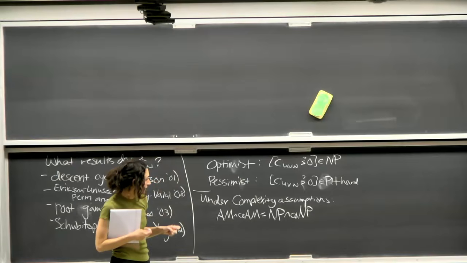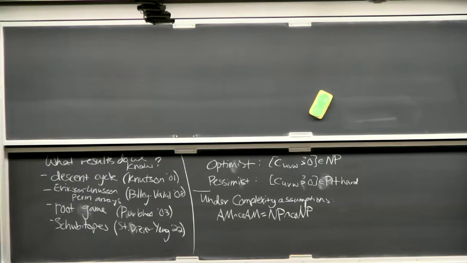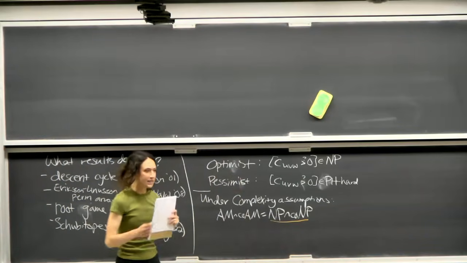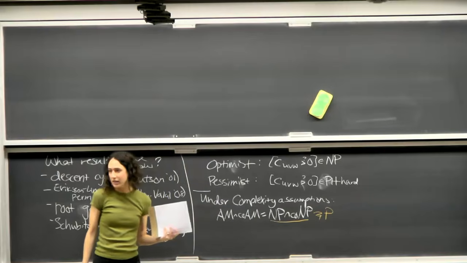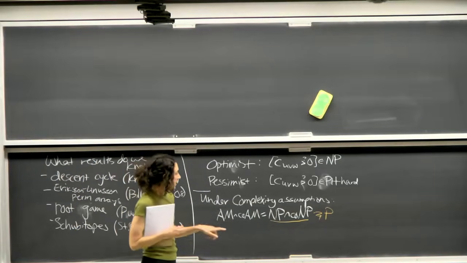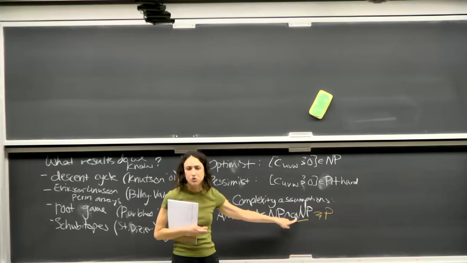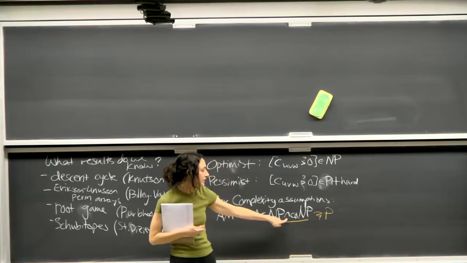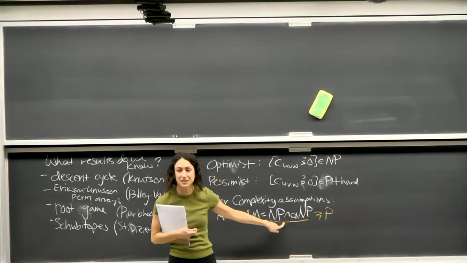And why do I think that this is so great to know? Because this intersection here, it's hard to find problems in here that don't immediately fall into P. So it's assumed that these are not equal as classes. But it is hard to find problems in this intersection that with a bit of extra work you can't prove are just in P. An example of something that is actually in here that, despite some people's efforts, has not fallen into P is integer factorization.